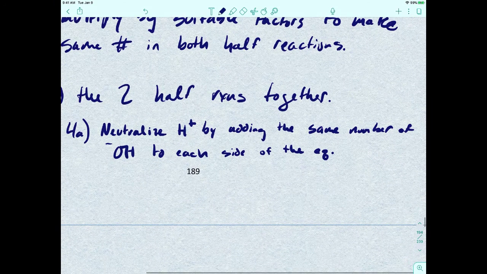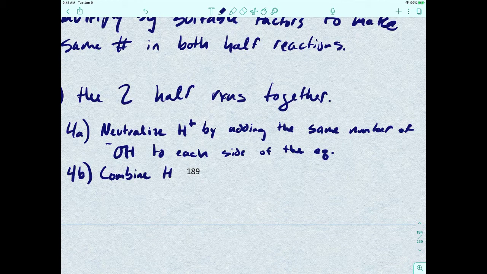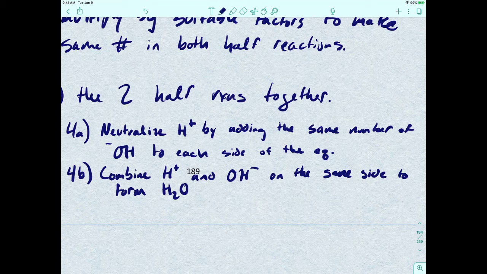Once you do that, your next step is to combine H plus and OH minus on the same side to form water. And once you do that, remove any water molecules appearing on both sides of the equation.